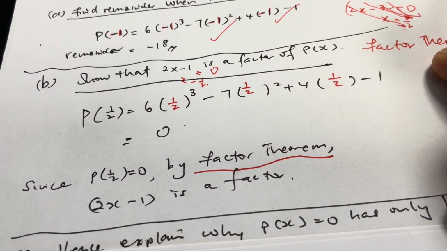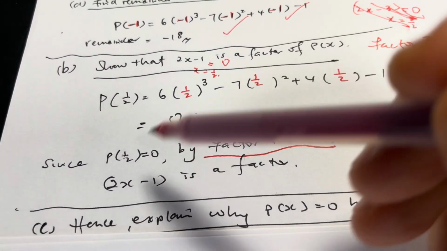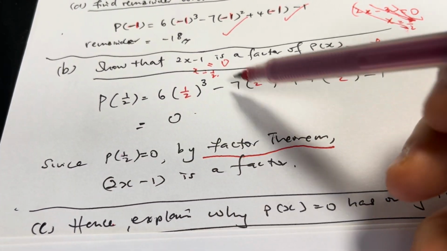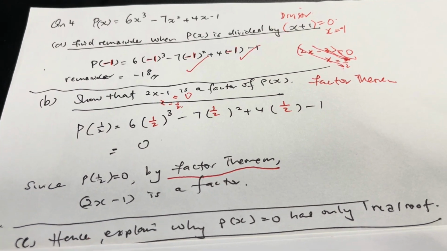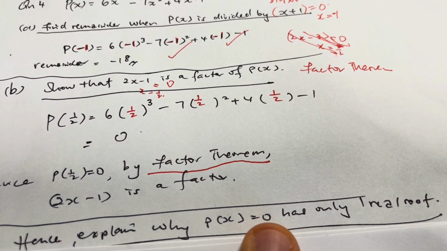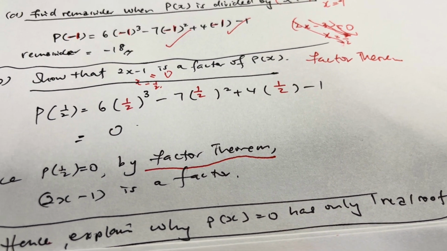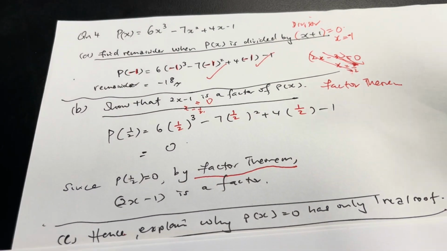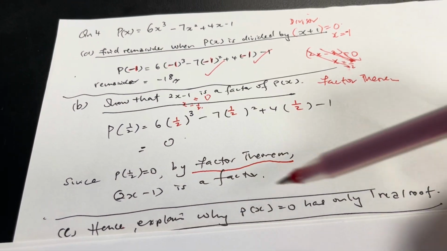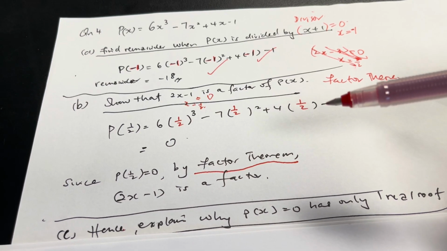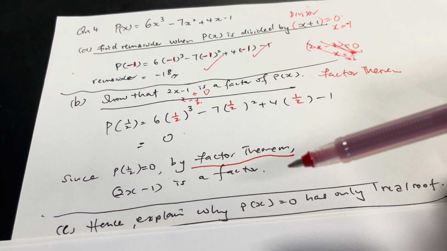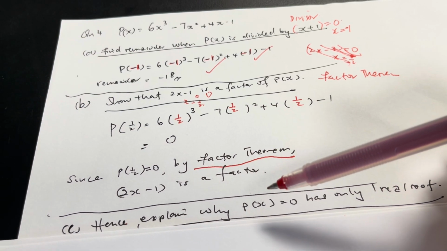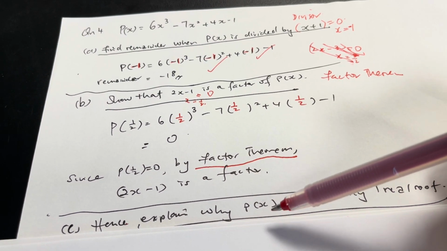And finally, the question asks you to hence. Hence means you must use this previous part's answer. Explain why p(x) has only one real root. What is implied here, they didn't tell you explicitly, is that you must try to solve this p(x).